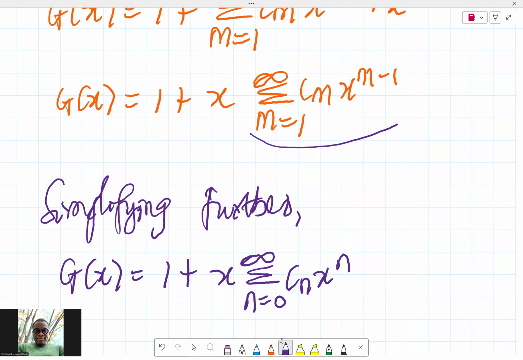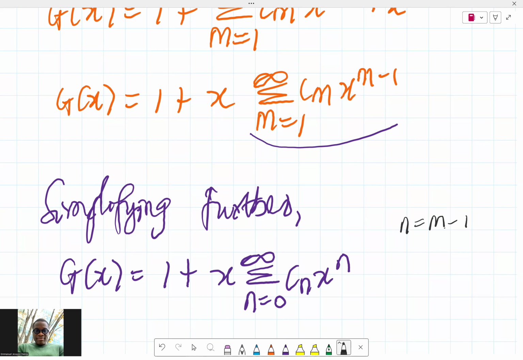So this is more like saying that n is back to m minus 1, like what we had initially. Okay, so n is m minus 1. So instead of m minus 1, we have this.